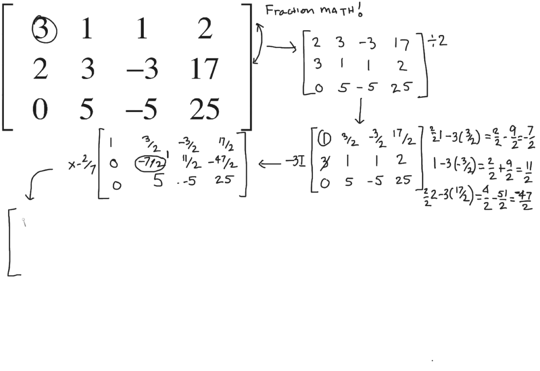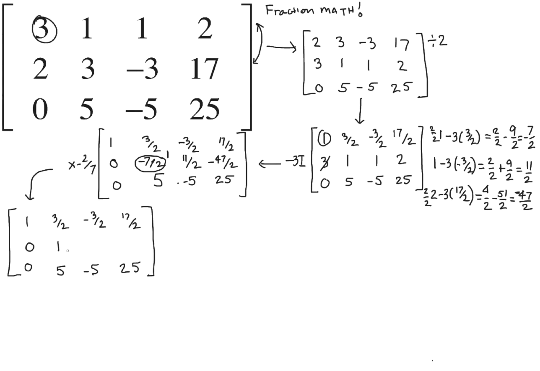Okay, so the ones we did nothing to, we carried them over. 3 halves, 17 halves, okay, 0, negative 5, 25, okay, and then 0 times negative 2 sevenths is still 0. Negative 7 halves times 2 sevenths must be 1, otherwise we made a mistake.